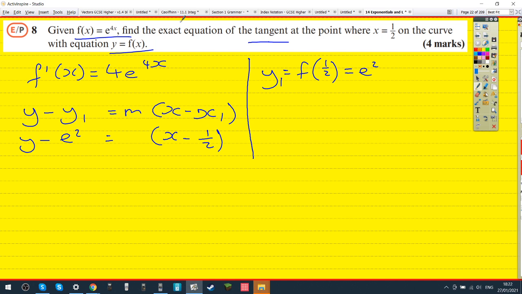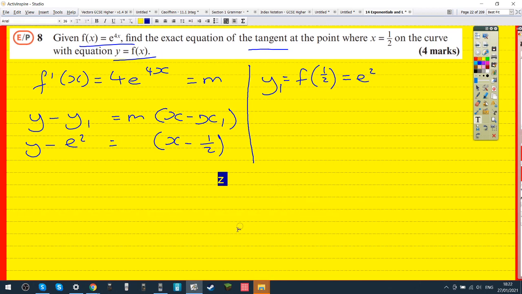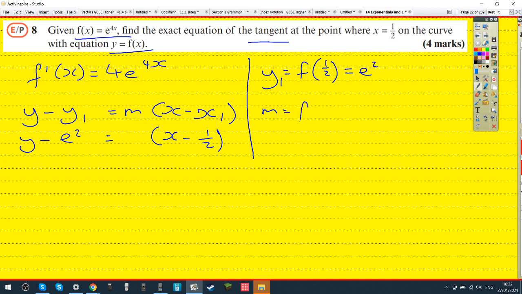If you want the gradient, sub x into f dash of x. This is the gradient function. And so you sub that in. So y is f of a half, m is f dash of a half. What's the difference between dash and no dash? One is the original function, the other is the gradient function.